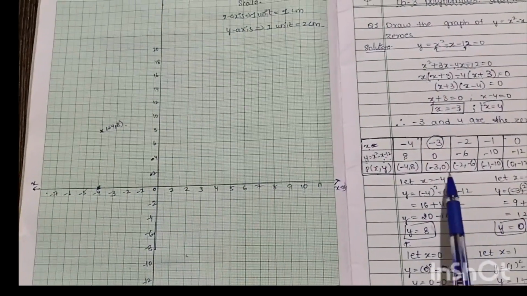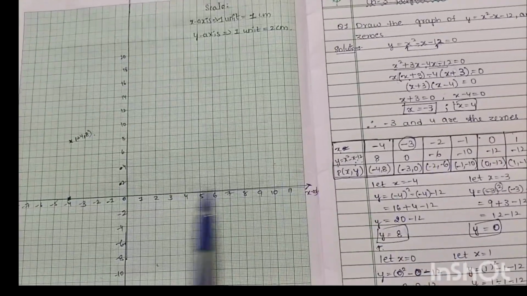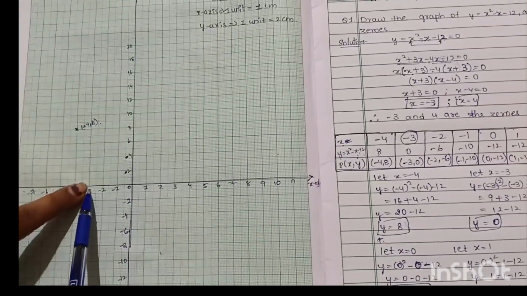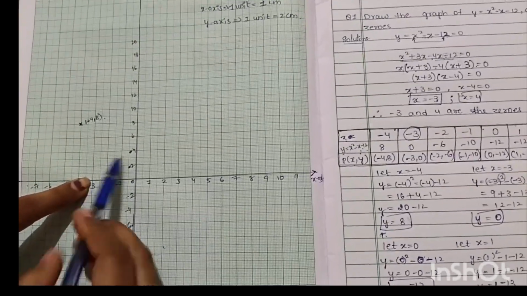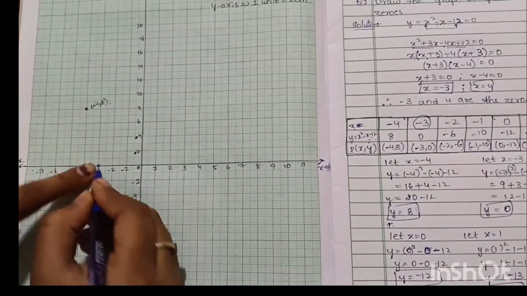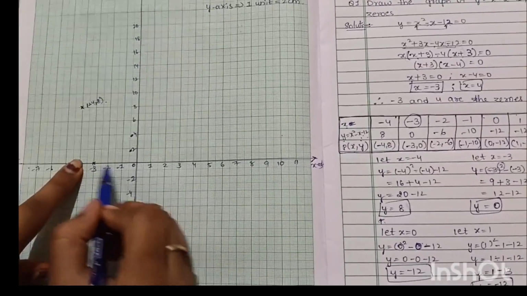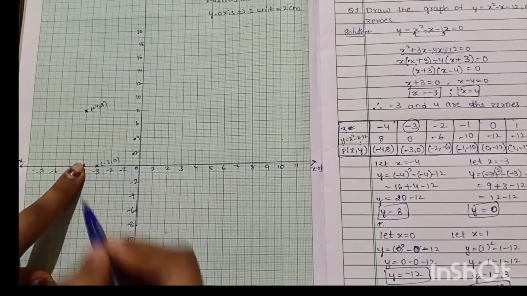So first point completed. Next point minus 3 comma 0. Minus 3 in the x-axis, and 0 in the y-axis. As y is 0, it will come on the x-axis line only. So it is minus 3 comma 0.